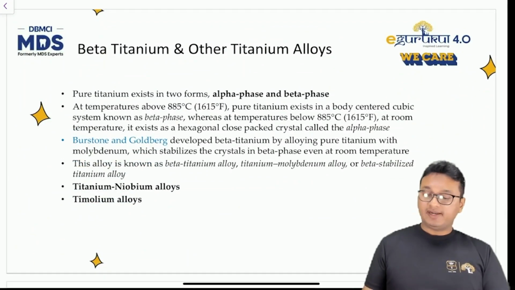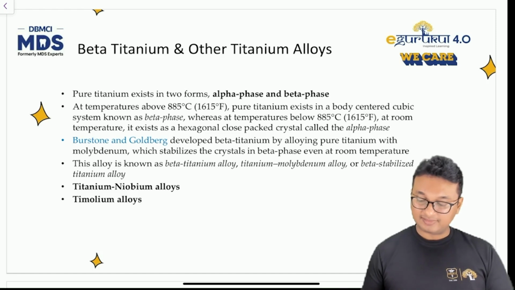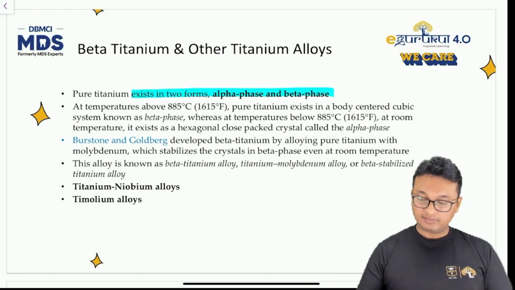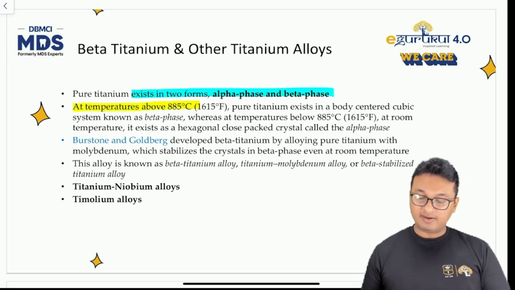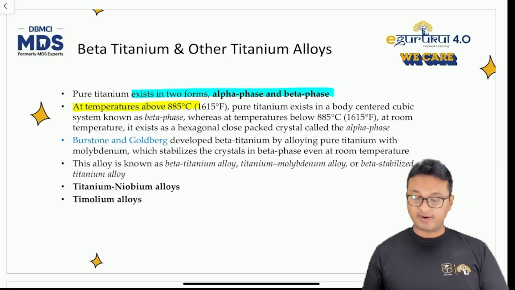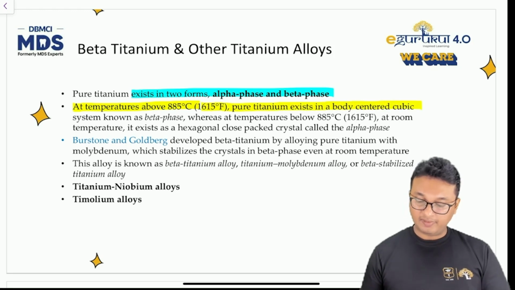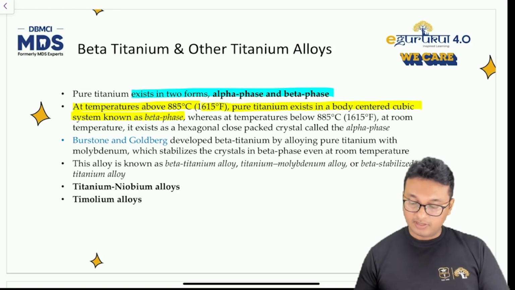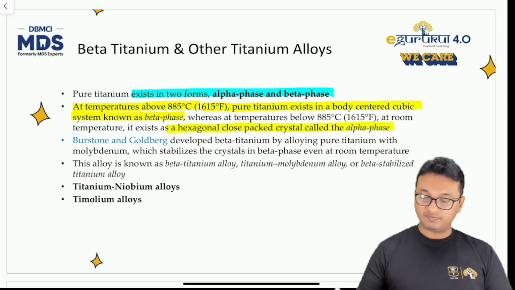Now coming to beta titanium and other titanium alloys, pure titanium exists in two forms, that is alpha phase and beta phase. Now this second line is important. At temperatures above 885 degrees Celsius or 1615 degrees Fahrenheit, pure titanium exists in a body-centered cubic system known as beta phase, whereas at temperatures below 885 degrees, at room temperature, it exists as a hexagonal close-packed crystal structure known as alpha phase.